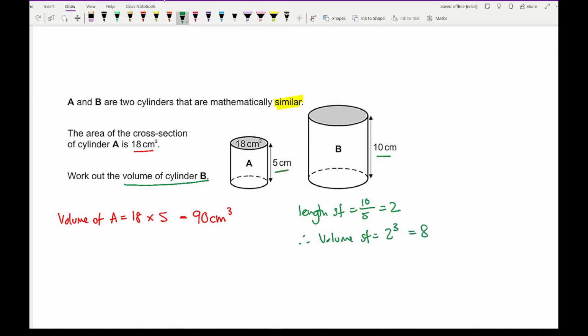Now, because I'm going from small to big, the volume of B is going to be the volume of A, which is 90, multiplied by the volume scale factor, which is 8, and that gives me 720 centimetre cubed, and there is my final answer.